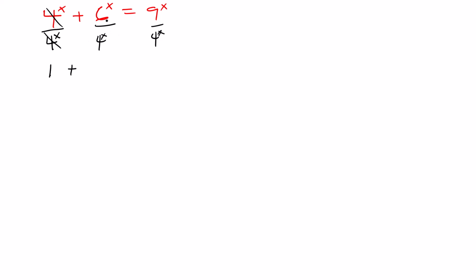Now we have 6 raised to x on 4 raised to x. In case we are given a raised to n on b raised to n, because the powers are equal, we can take it out. So this is the same as a over b all raised to n.